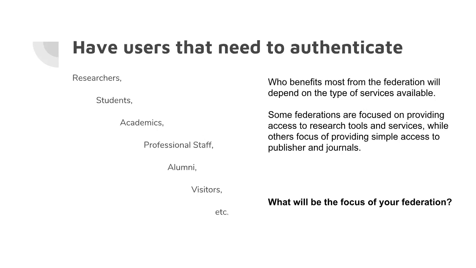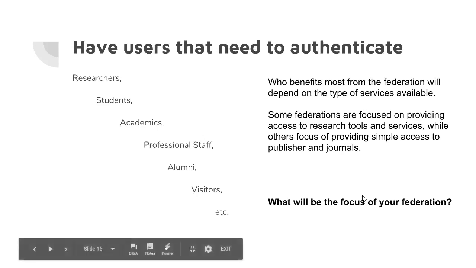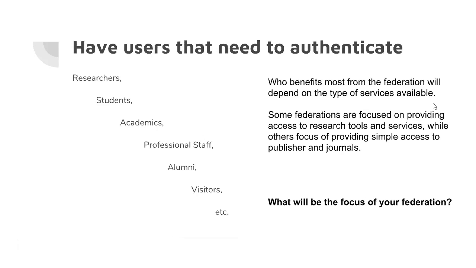The other reason to build a federation is to plug it into Edugain to get access to all of the services that are available in Edugain fairly quickly. So making the services and the federation a valuable tool from the start. So you need to ask the question, what will be the focus of your federation initially when you start and as you grow into the future with your federation?